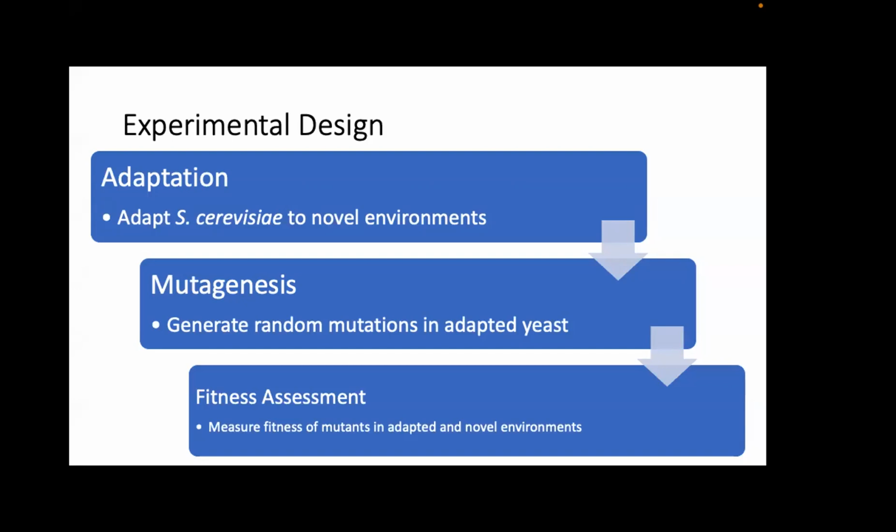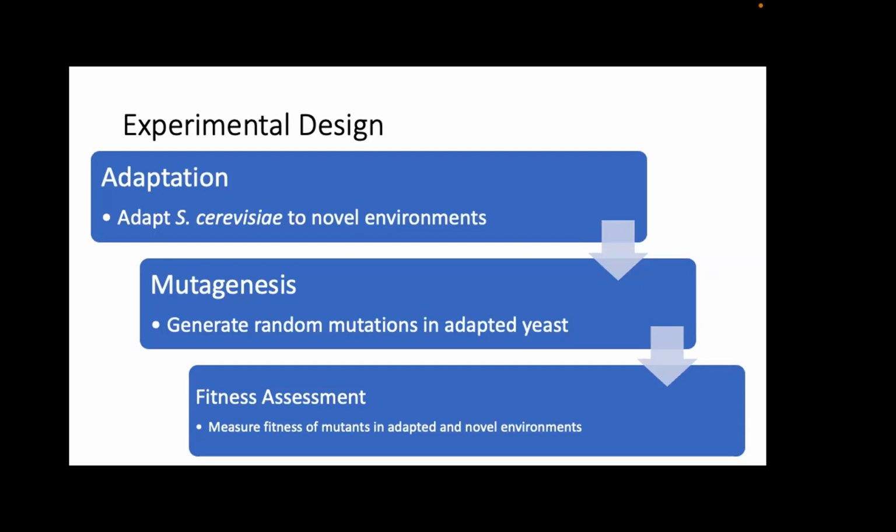We formulated environments that were meant to be challenging and reduce their growth rate, and have them adapt to it. We then performed mutagenesis. We used UV mutagenesis to generate mutants, and afterwards we measured the fitness effects of those mutants in both the media that they had adapted to and media they had never encountered before.